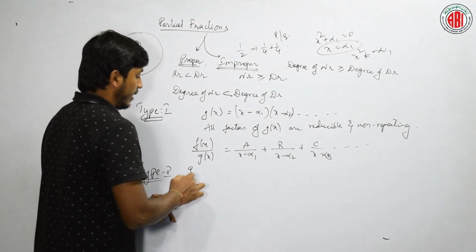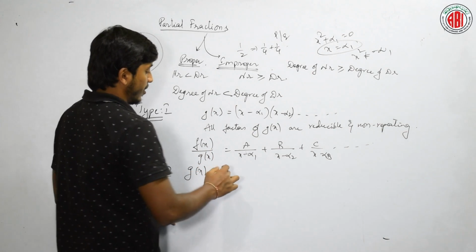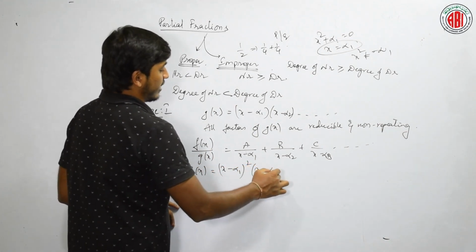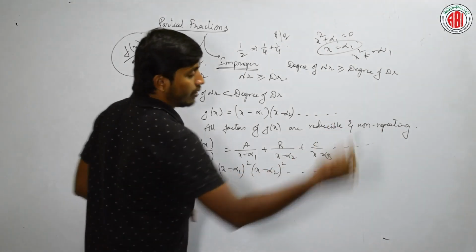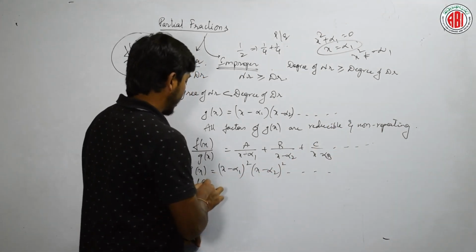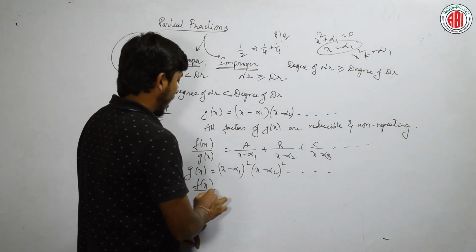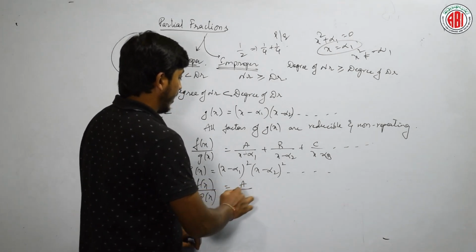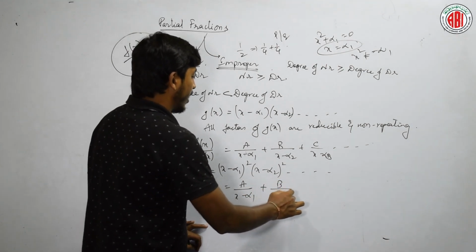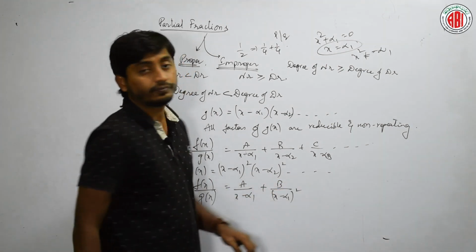Let us say g of x is in the form of (x minus alpha 1) whole square, (x minus alpha 2) whole square and so on. Then we will write the fraction as a by first factor plus b by square of first factor.